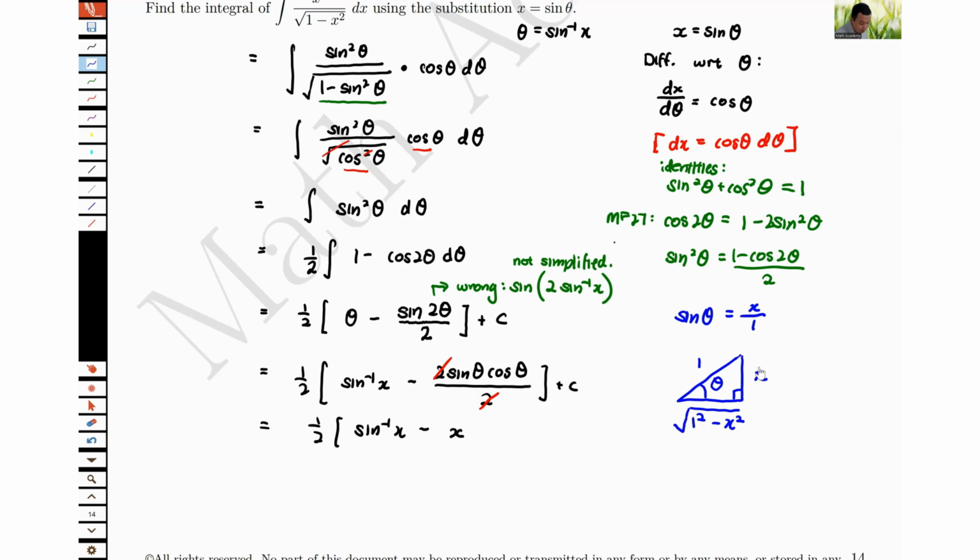Okay, 1 square minus x square, square root will give you the last side. So I can write down what is cosine. Cosine is adjacent over hypotenuse, so we will get this over 1. We take that value, we put it back to your trigo. Plus C.